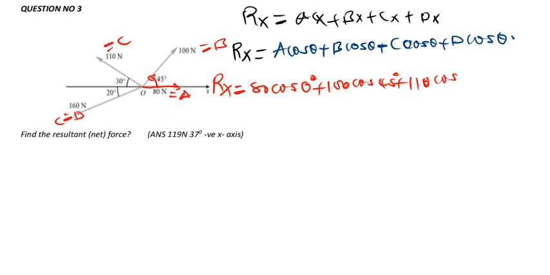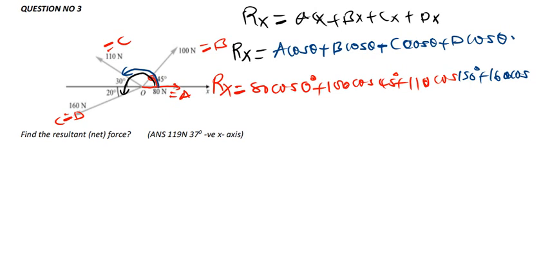Which angle am I going to use? We are getting the angle from the positive x-axis until it touches the vector. Since we know that from this point all the way to that point is 180, and we've got 30 here, we say 180 minus 30, which is 150, meaning my angle here is 150. Plus my d is 160 cos. The angle I'm going to use comes from the positive x-axis until where the vector is.